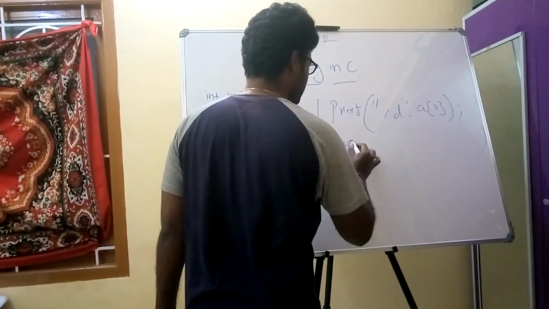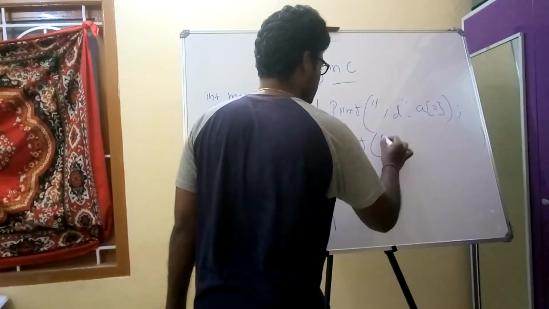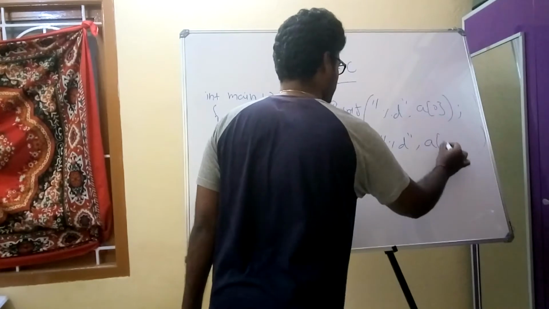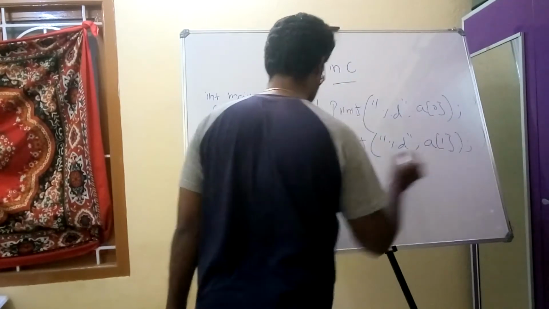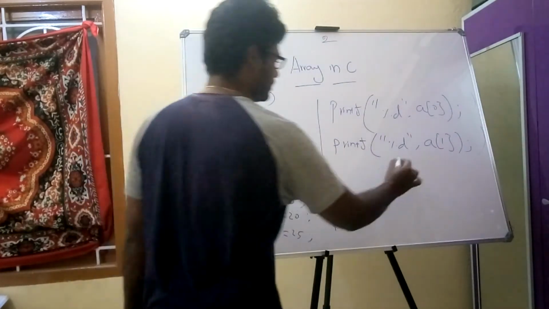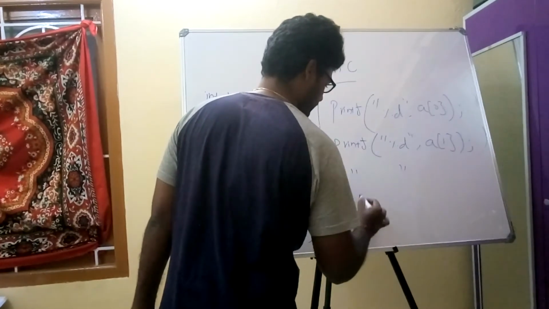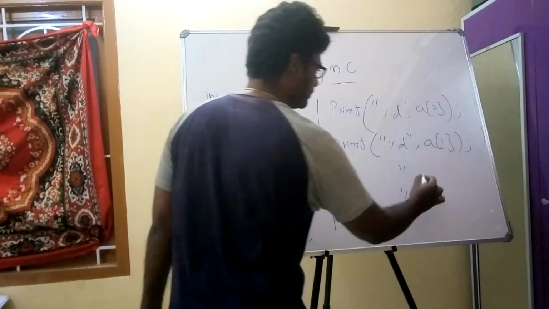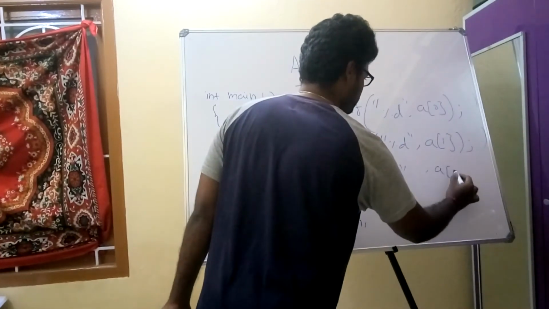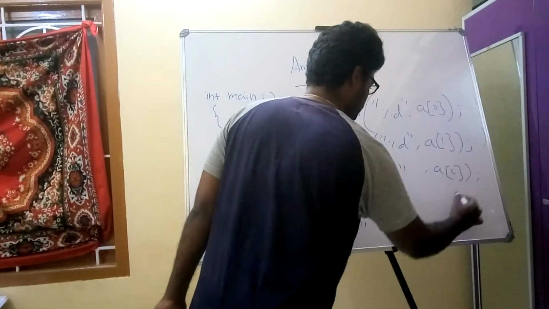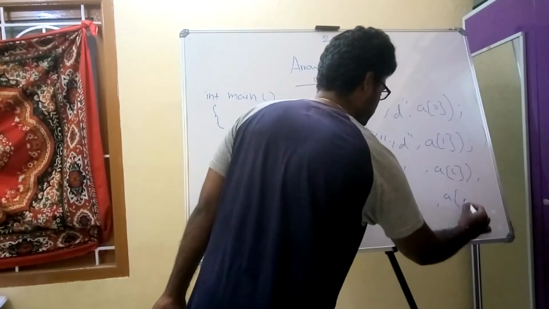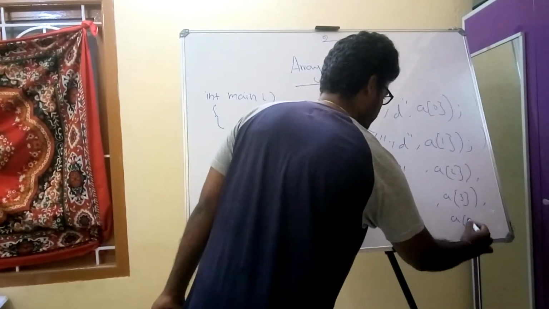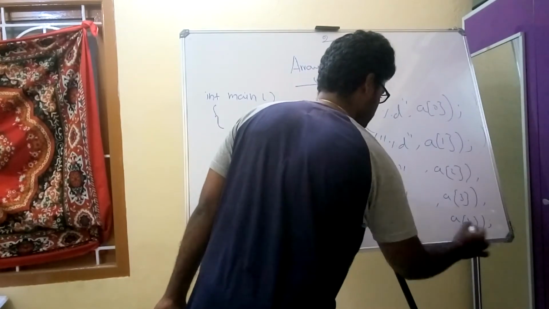Plus printf of %d comma a[1]. This way I can print 10. Likewise, a[2], a[3], then a[4].